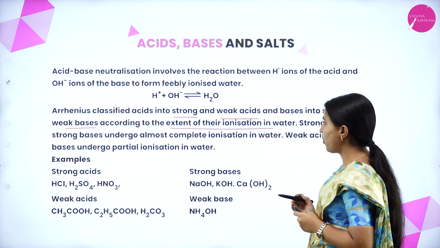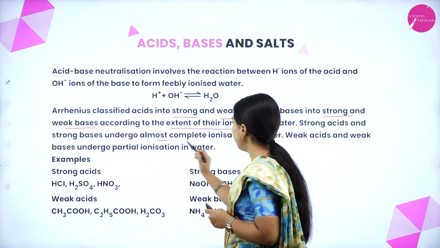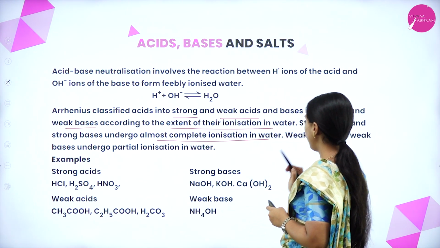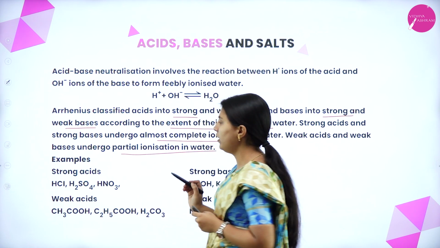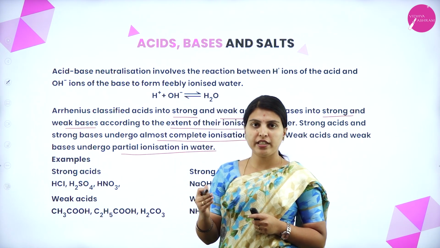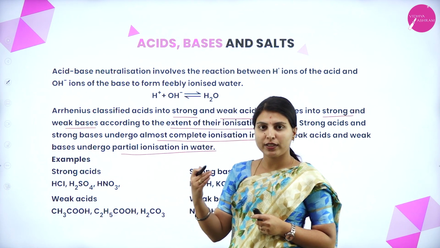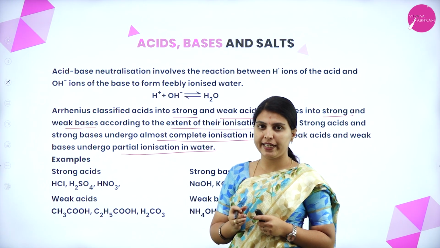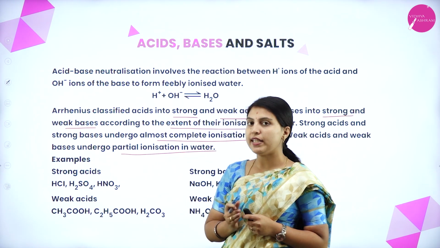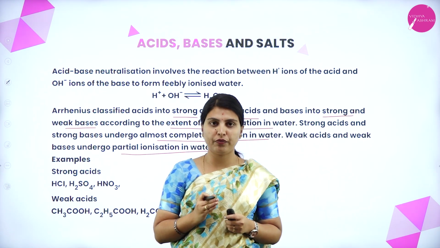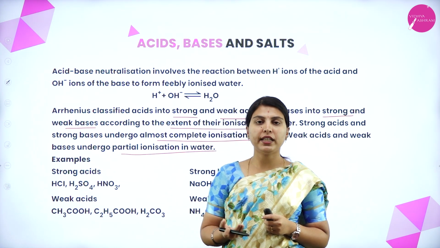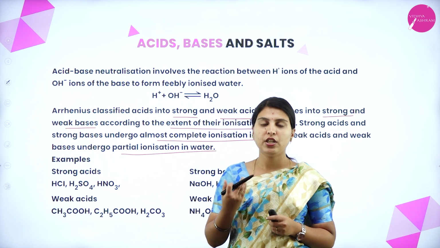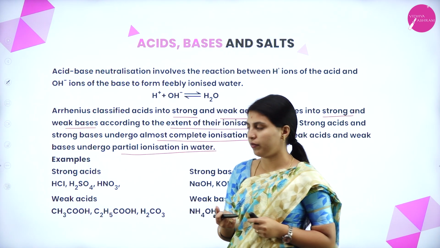Strong acids and strong bases undergo almost complete ionization in water, but weak acids and weak bases undergo partial ionization in water. Partial means half or more than half, that much ionization only will take place. Those kinds of acids and bases are considered weak acids and weak bases respectively. If it undergoes complete ionization, it means strong acids or strong bases.